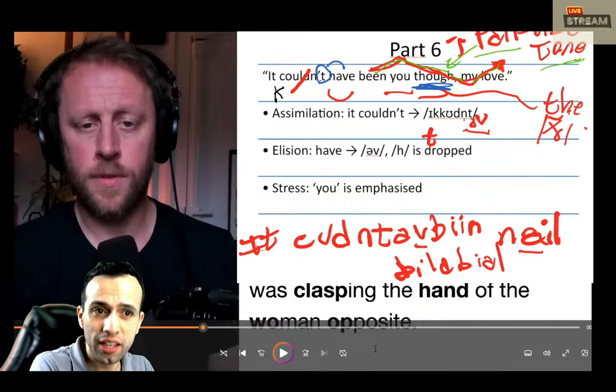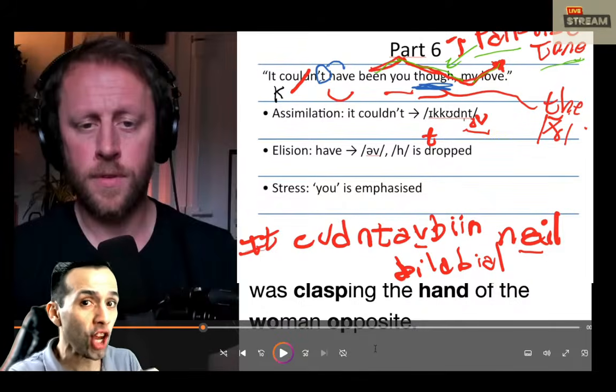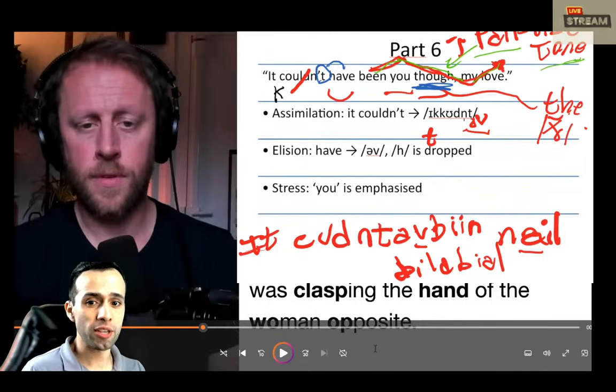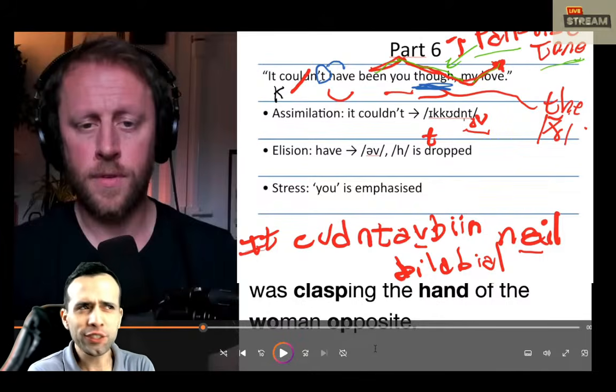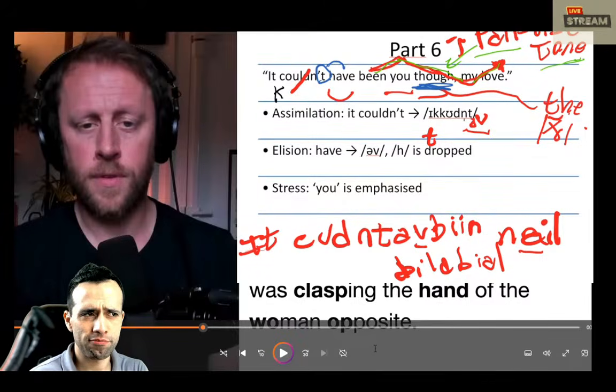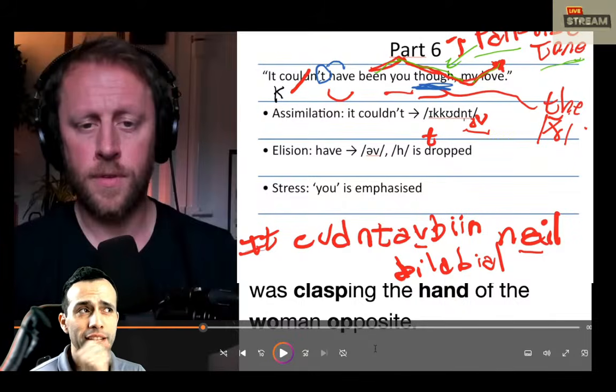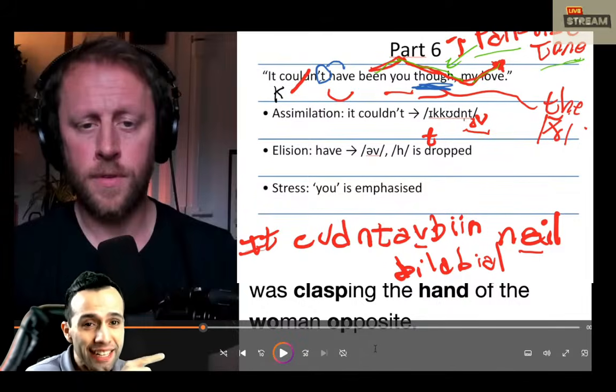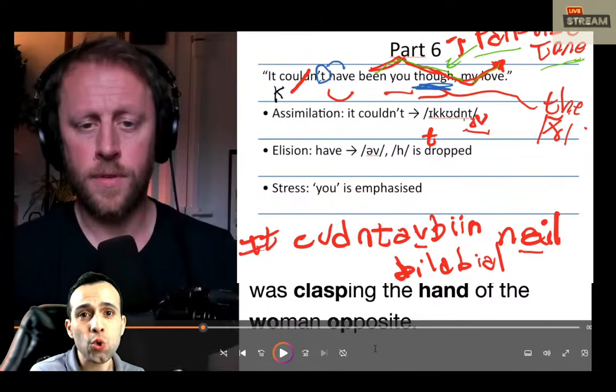We usually imply this meaning using this tone by saying, for example, who left the door open? Somebody asks. And you say, I didn't do it. Right? I didn't do it. And you don't say anything else. But you're implying something else, don't you? So you're actually implying that somebody else did it. Somebody else left the door open.